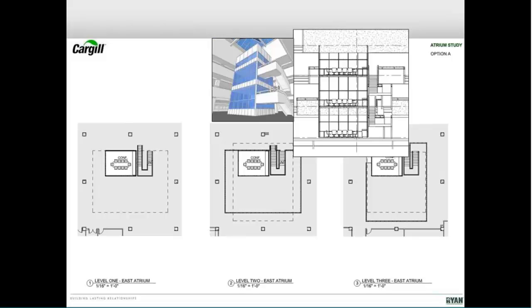If you're not familiar, the North Central Hub is doing a fairly significant renovation for Cargill, their corporate headquarters. But the question to them was, we'd like to add some conference rooms within an existing atrium. Well, you might be tempted to say, okay, it's just a conference room, it's finishes, whatever, maybe it's $100 a foot if I'm conservative.